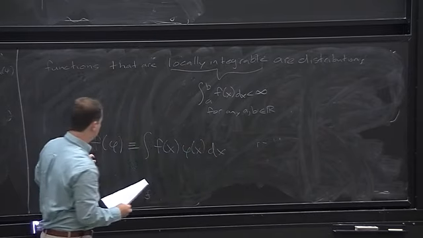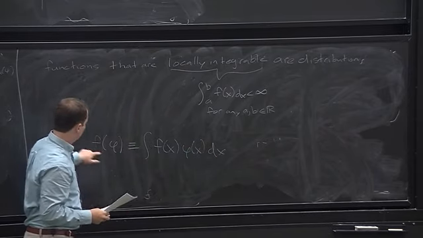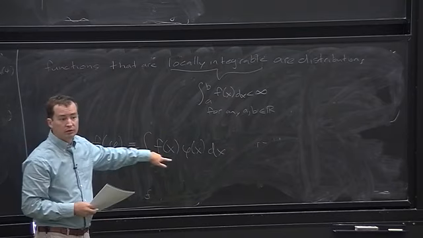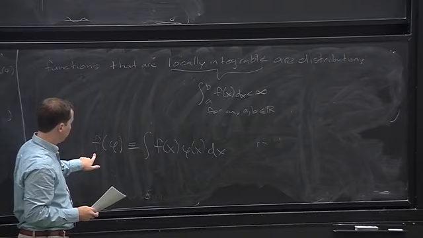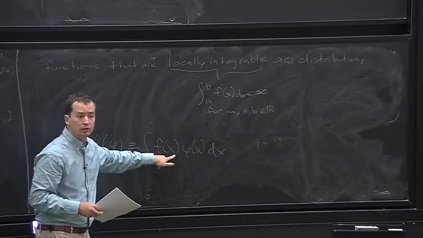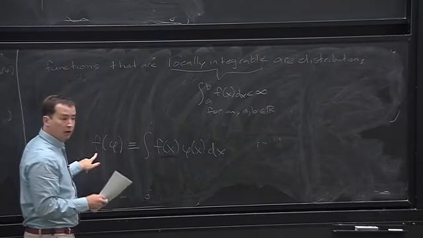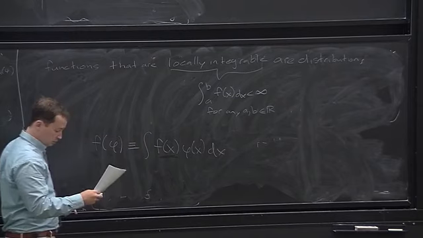So in this sense, locally integrable functions define distributions, but it's very common to just use the same symbol for the function, an ordinary function, and the distribution it induces.